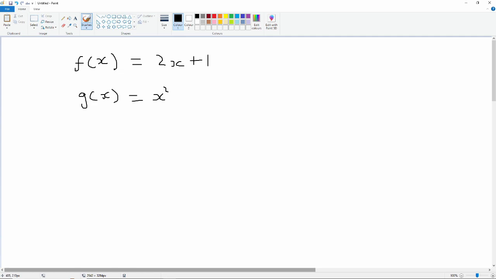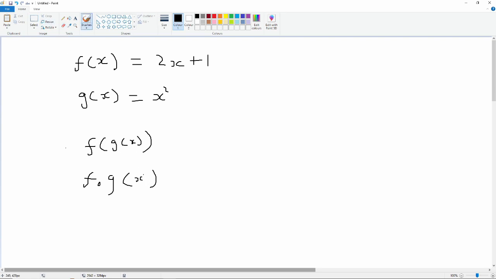You might see this exact question on an exam paper, and you might be asked to find f of g of x. And some people might write it f o g of x. Both notations mean exactly the same thing, and there's only the one bracket.